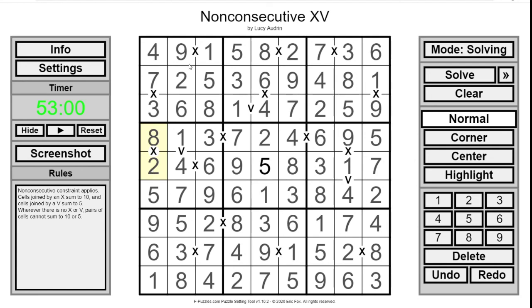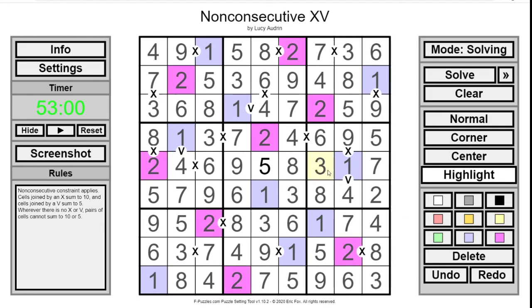Let's check everything is constraint compliant before we finish. No 2s next to a 1. No 2s next to a 3. No 3s next to a 4.